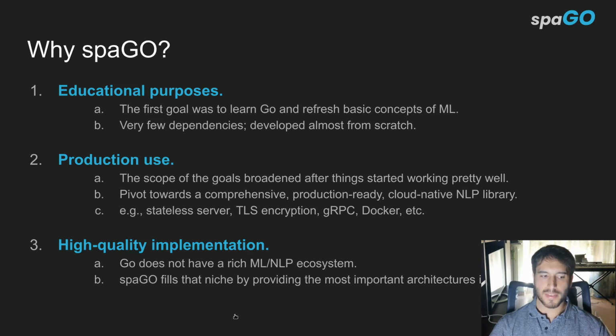And with all of this, I'm trying to build a high quality implementation, following some principles from clean coding. And as Go doesn't have a rich machine learning and natural language processing ecosystem, I'm sure with your help, spaGO can fill this niche, providing the most important architectures in this field.